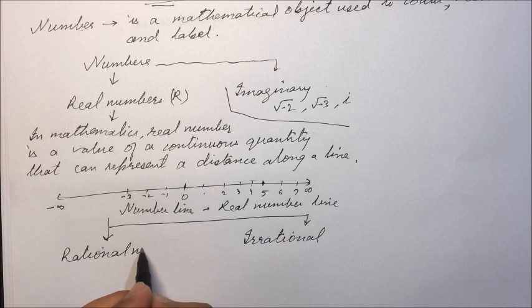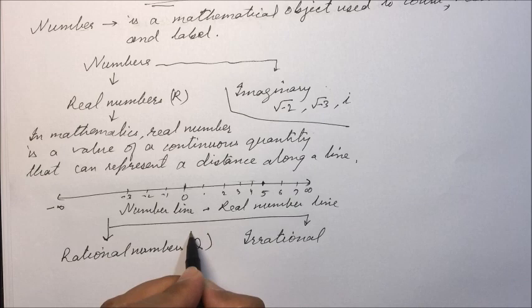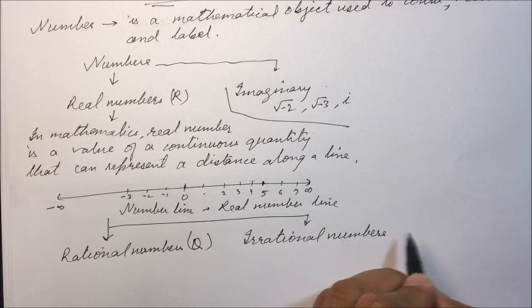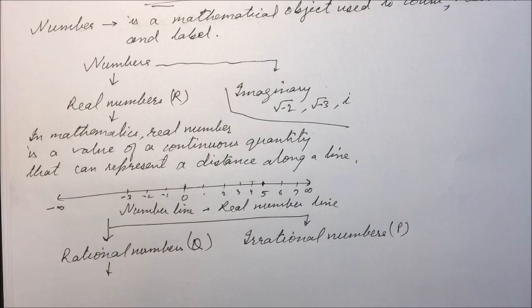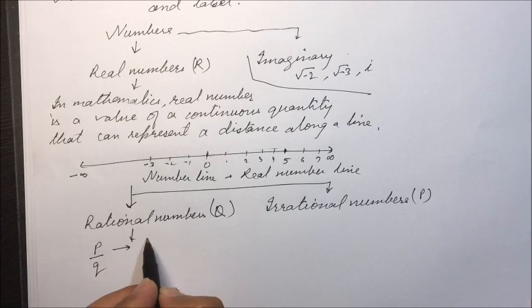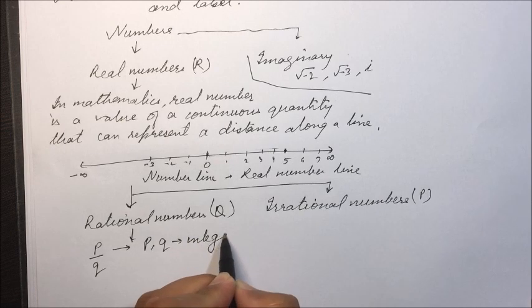Rational numbers we denote with Q. Irrational numbers we denote with P. So rational numbers, as defined in a book, are numbers which can be represented in the form of p by q, where p and q are integers.